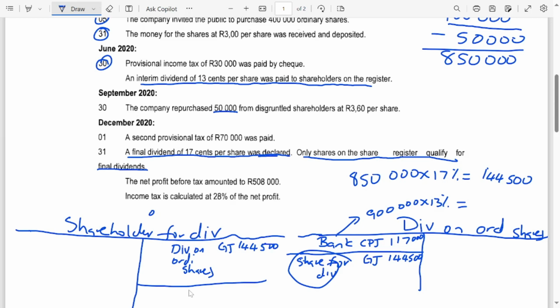Meaning that once the business has paid these dividends in the next financial year, this will be recorded here on the debit side as a bank CPJ to show that shareholders for dividends are decreasing, to show that the liabilities are decreasing, as we as a business are now paying the people that we are owing money. I hope you can hear that clearly. So this is how we're supposed to record this.